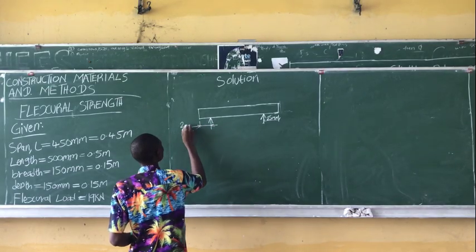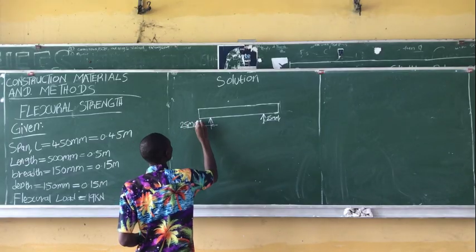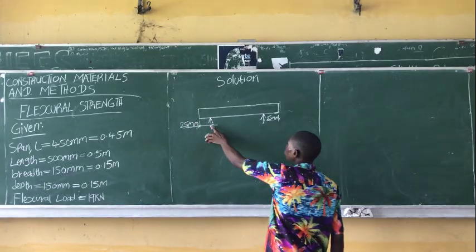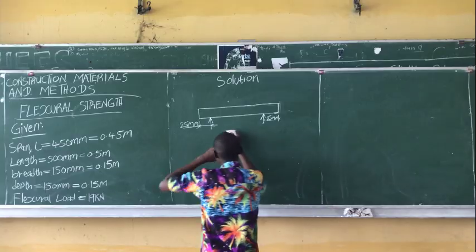Okay, so this is 25 millimeters. So from the end of the beam to the support is 25 millimeters.